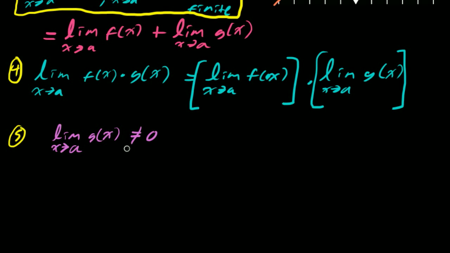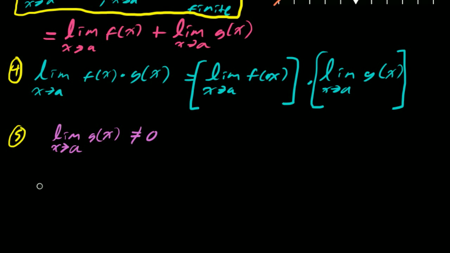It can be equal to any other value besides 0 for these next two rules to hold.